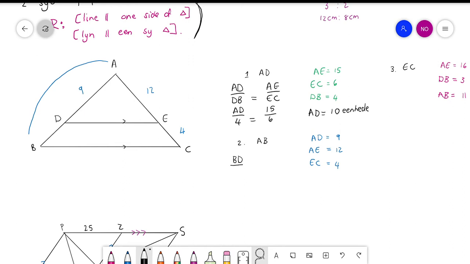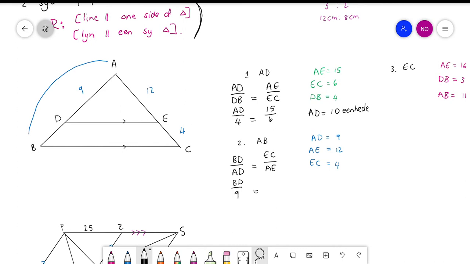I'm going to say BD over AD. So this one over this one is equal to EC over AE. Daar's nog 'n manier om te doen, ek sal dit nou vir julle wys. And then I simply substitute and I solve. So dan gaan ek sê, daai is een wat ek soek, is gelyk aan.